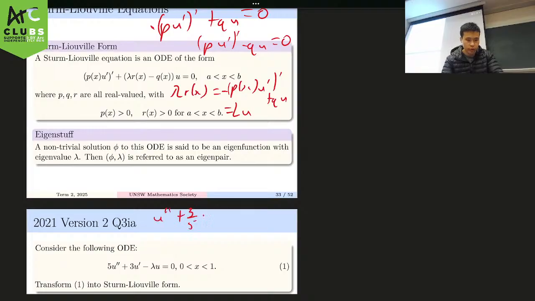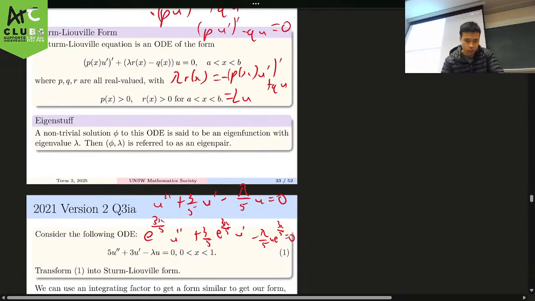So it's 3 on 5, and then the integrating factor, this. It's equal to 3x5 minus lambda 5u x5 equals 0.